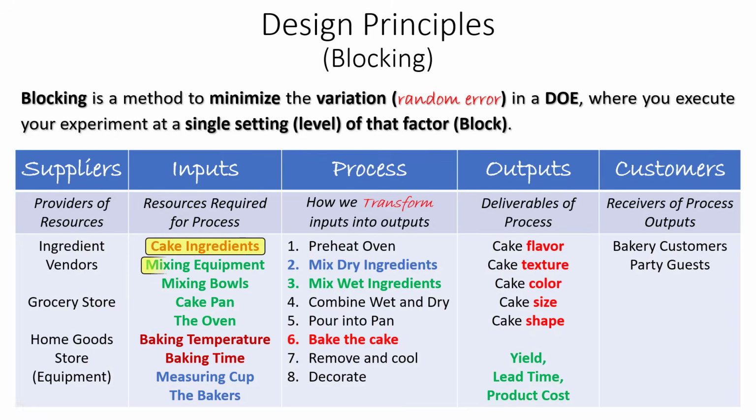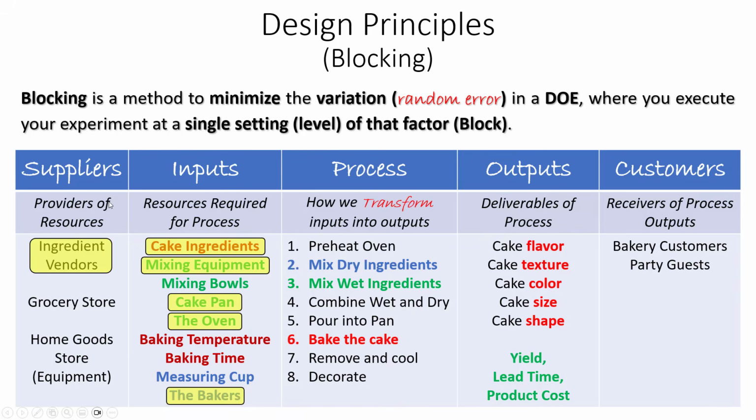Now, when you were designing your experiment, if you used the SIPOC diagram, this is the time to pull it out and identify factors that need to be blocked out. So again, if we go back to our SIPOC diagram, we already acknowledged that the bakers themselves can introduce variation into the taste. The type of oven, the type of cake pan, the type of mixing equipment that we're using, and the vendors that we buy our raw material from all have some variation to them.